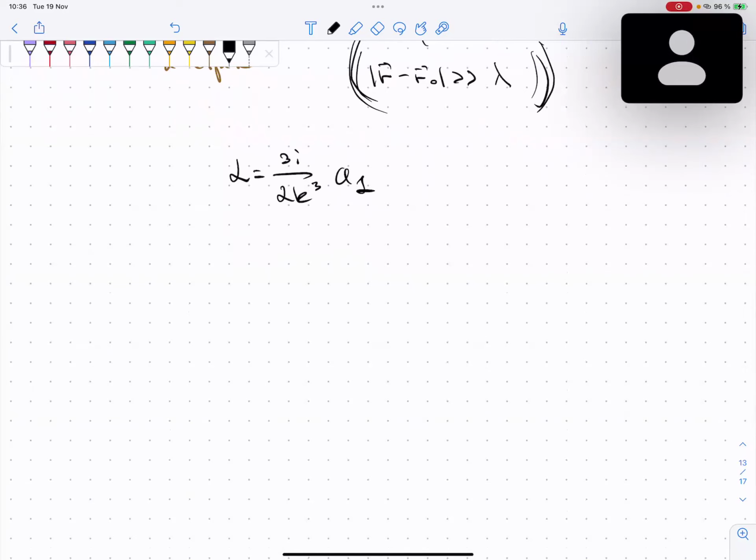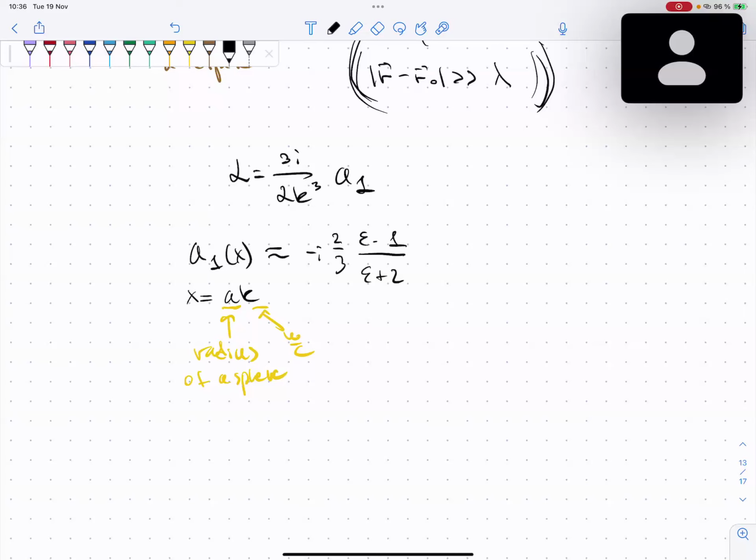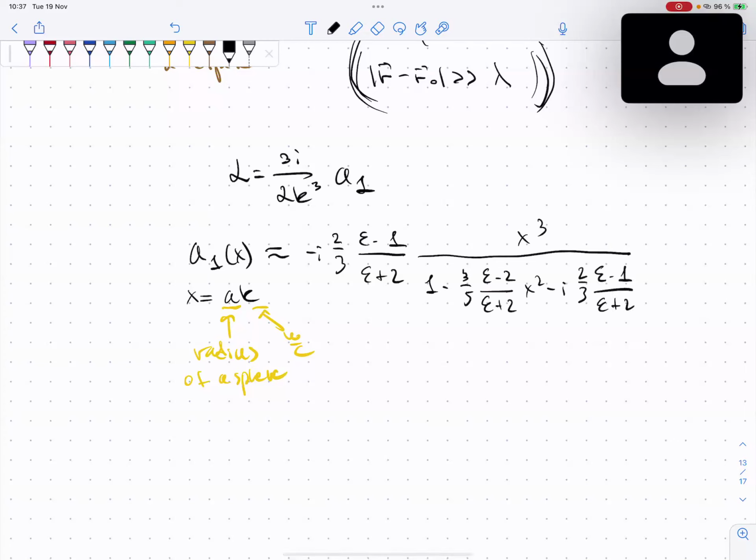And basically, if we take the series of a1 in x, where x is ka, with a the radius of the sphere and k equal to omega over c, we will get the following expression: 2/3 times (epsilon minus 1) divided by (epsilon plus 2) times x to the third power, divided by 1 minus 3/5 times (epsilon minus 2) divided by (epsilon plus 2) times x squared minus 1/2 times (epsilon minus 1) divided by (epsilon plus 2). Here it should be 1.